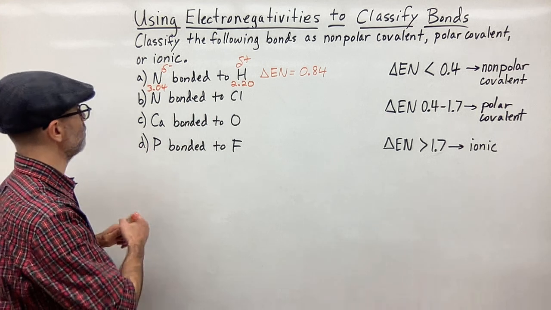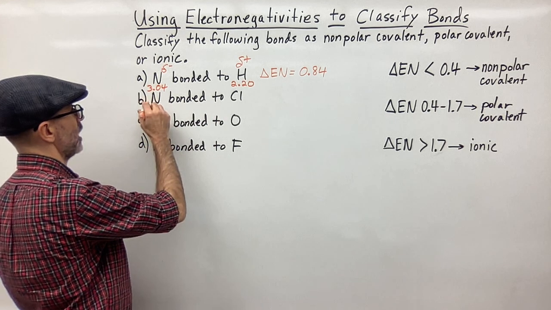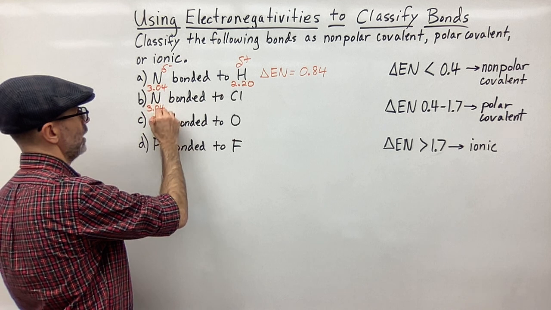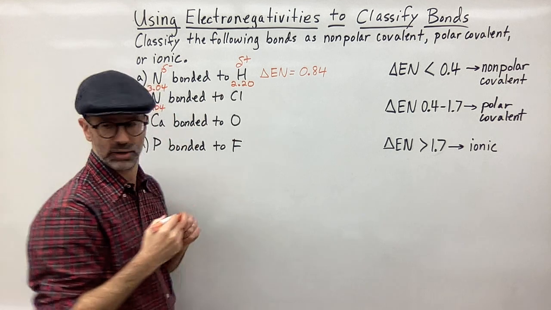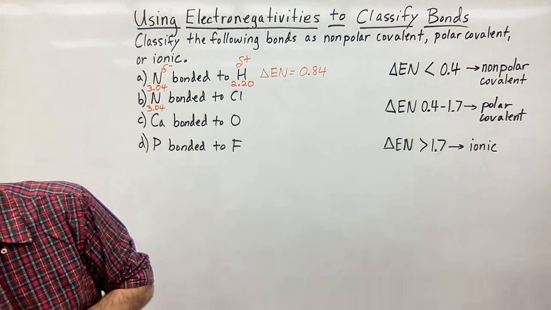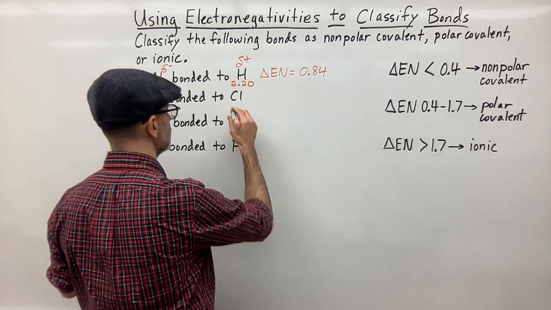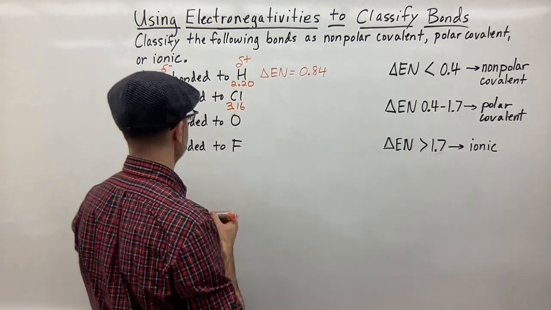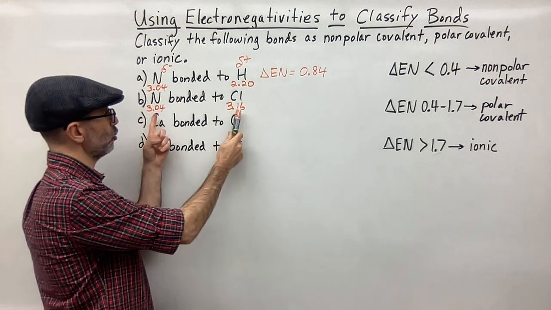So we'll find out. Again, nitrogen is going to have 3.04, and I think chlorine is 3.16. Yes, 3.16 for the electronegativity. And again, you can see that they're closer together.